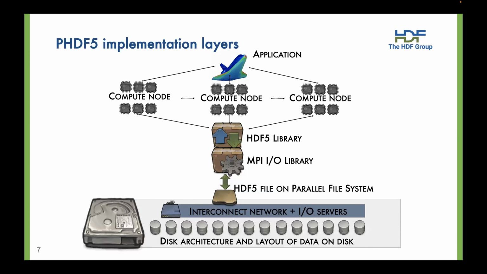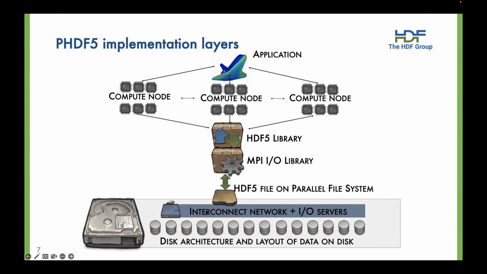So just a reminder that parallel HDF5 has various implementation layers. Of course, you have the application running on the compute nodes, and then at one layer have the HDF5 library, and the HDF5 library for parallel IO depends on the MPIO library. And then the MPIO library talks to the file on the actual parallel file system.